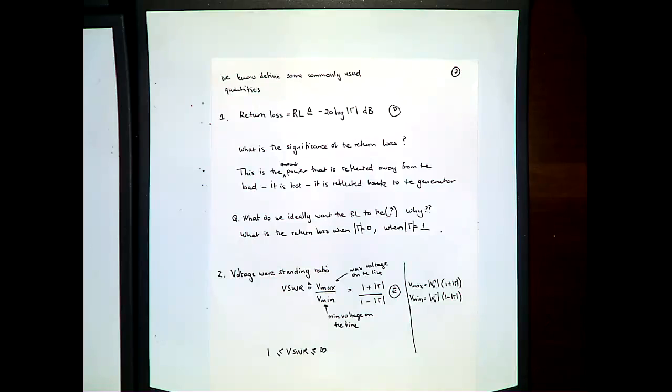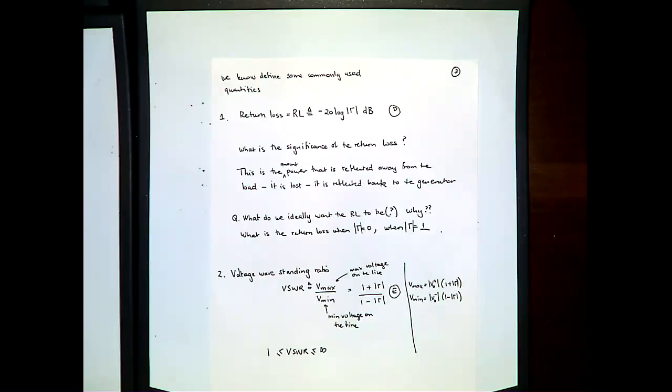So that's the maximum. What's the minimum? Gamma equals 0. So 20 log 10 of 0 is? Minus infinity. So the return loss goes from 0 to minus infinity.